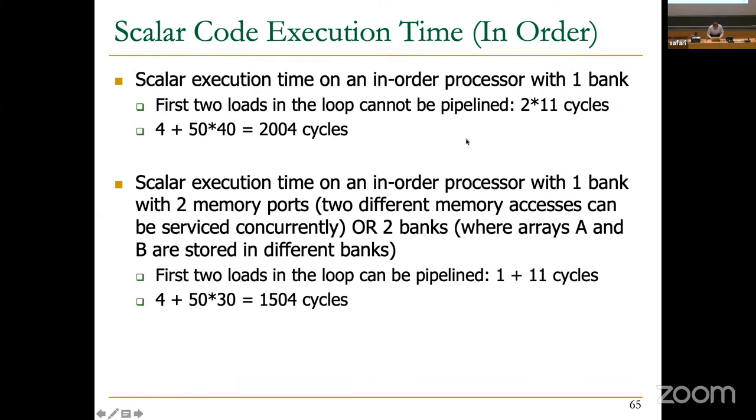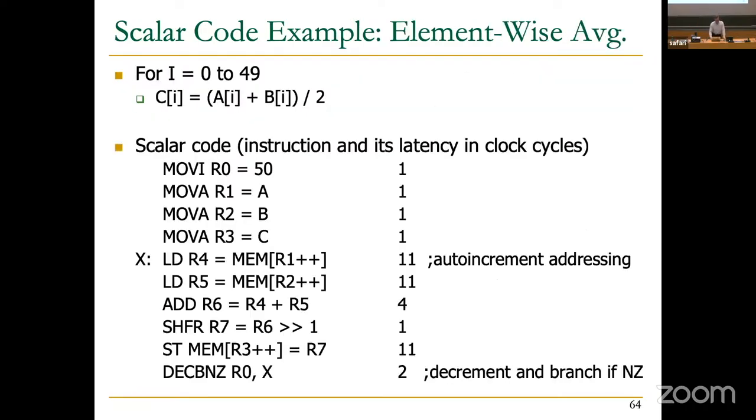load in the first cycle, and then you start the next load, pipeline the next load in the next cycle, such that both of the loads together take 12 cycles, right? One of them takes 11 cycles and the other one takes 1 more cycle after that, right? But then you cannot parallelize anything else because everything else is dependent afterwards, if you remember this code.